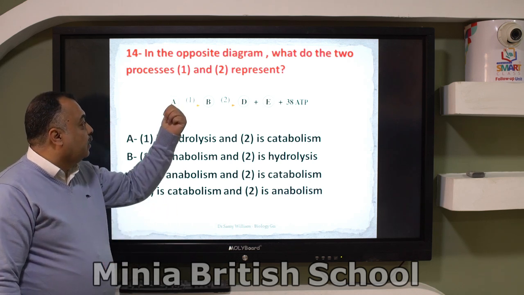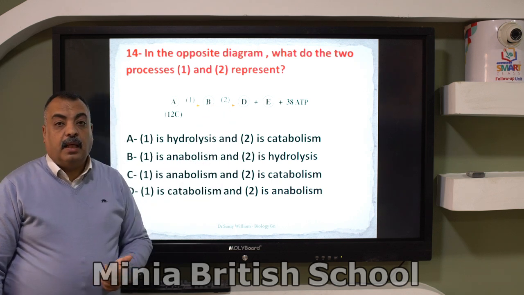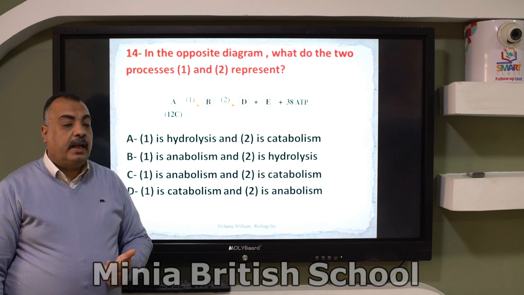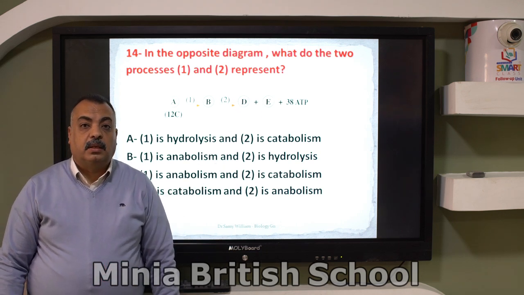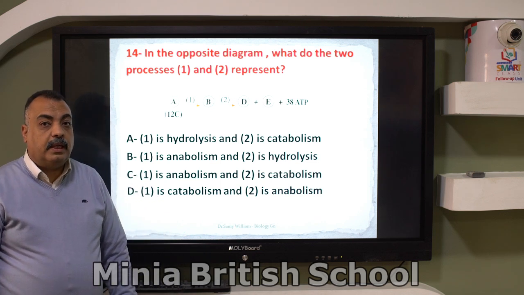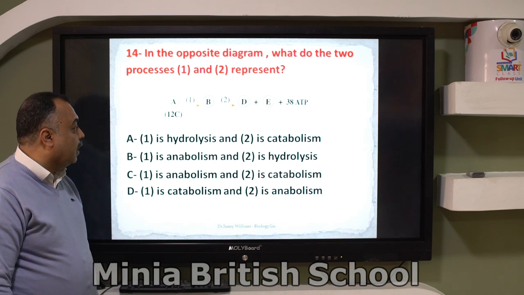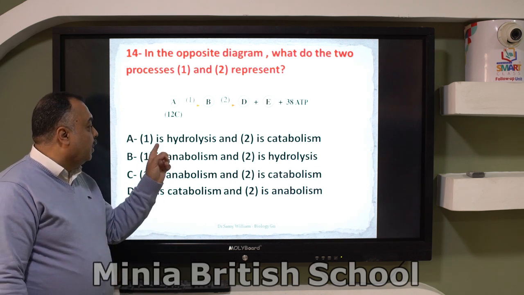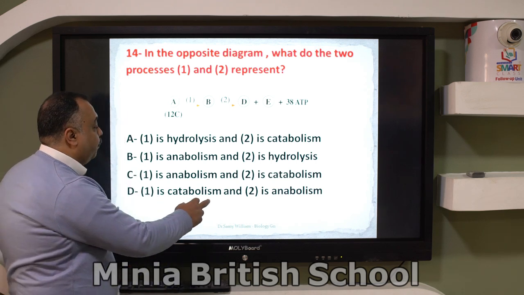So there is hydrolysis, and two, catabolism, as the glucose molecule will degrade into carbon dioxide and water, simple inorganic molecules, the main components of glucose. Yes, the answer is A. Very good. Next.